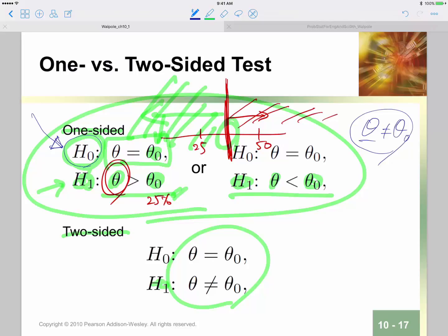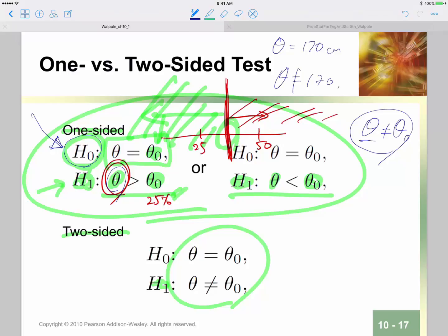If the observed theta is sufficiently far from theta 0, so for example, the enemy claims that the average height is 170 centimeters, but our claim is that is not true, theta is not 170.